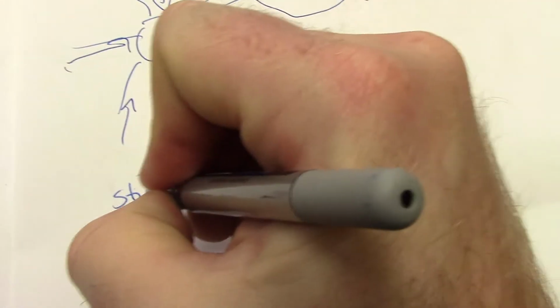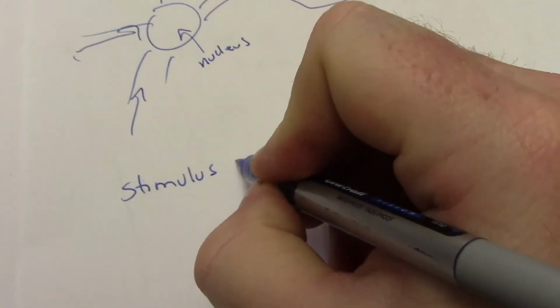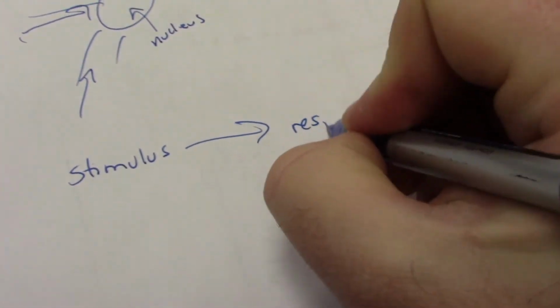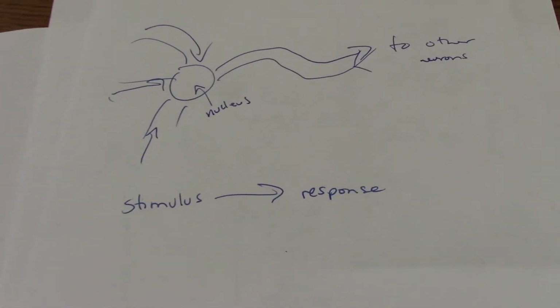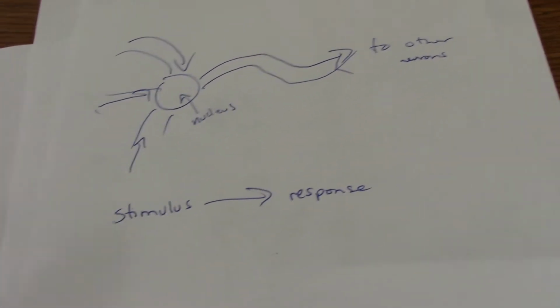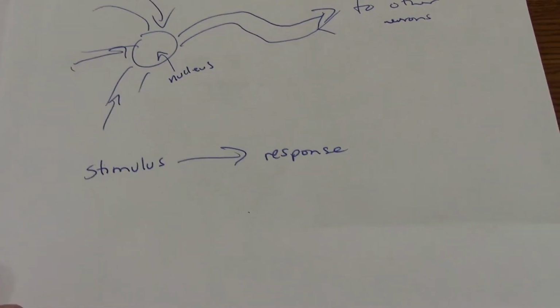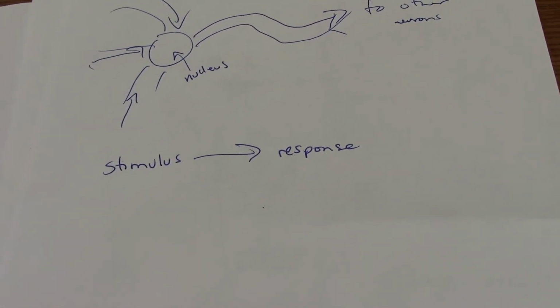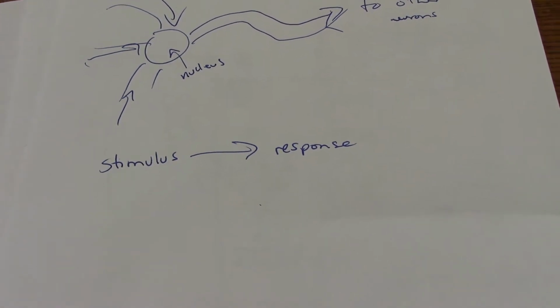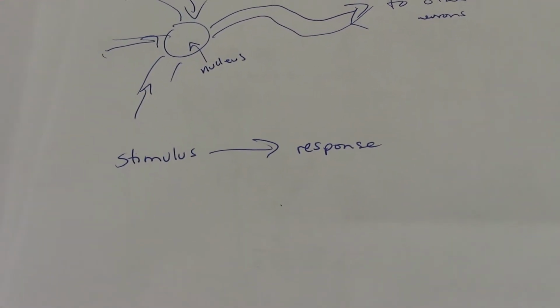Okay, the nervous system works on stimulus and response networks. So your body is constantly taking in stimuli from the environment, be that things that you see or things that you hear or things that you smell, or internally things that your body needs to respond to, like digestion.